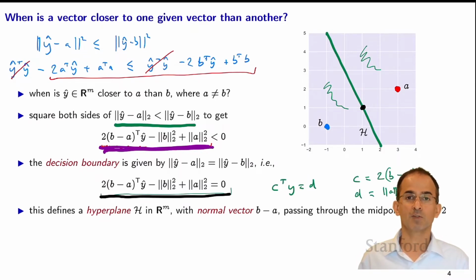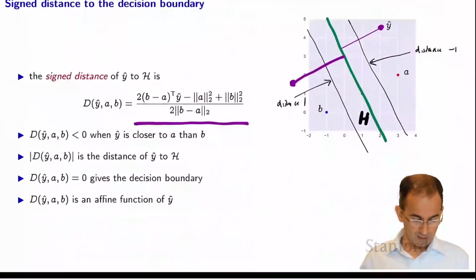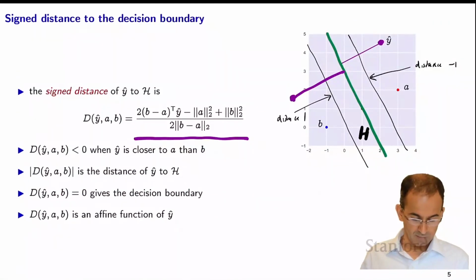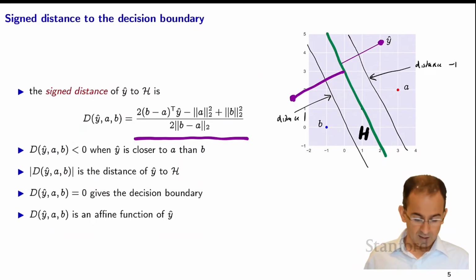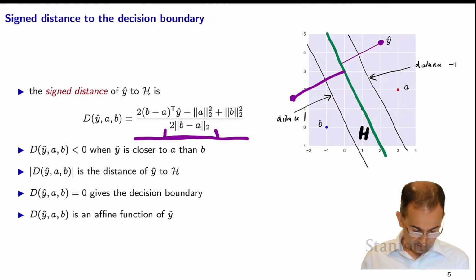And it has the form of C transpose y plus D. Now, over here, we've simply taken the value of the left-hand side of that inequality and made it equal to our distance measure. But we've scaled it. We've scaled it by 2 times the norm of b minus a. And as a result, D has this form.